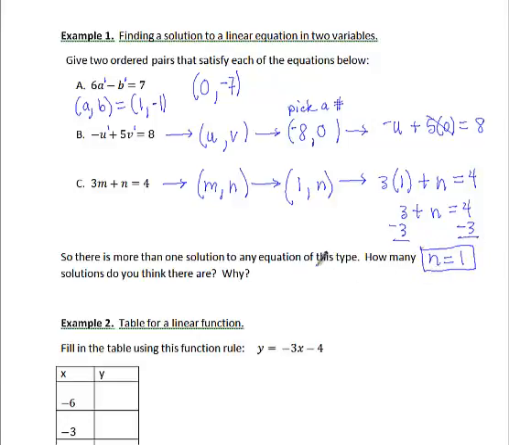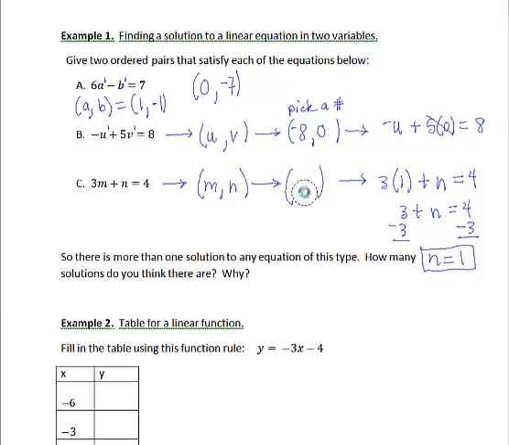So n equals 1. Okay? Which is just a coincidence. I picked 1 for m, and it turns out that n has to be 1 too. Alright, so we found one.